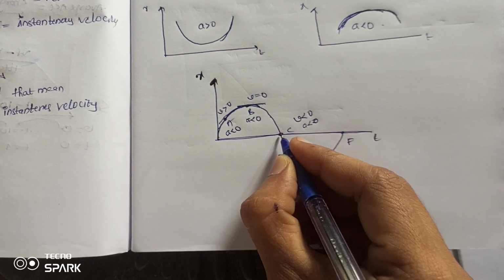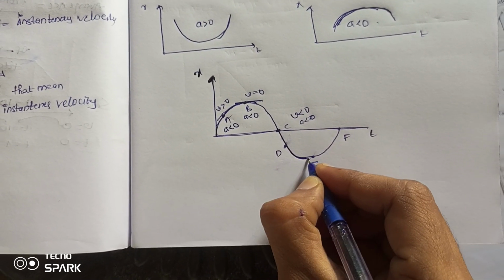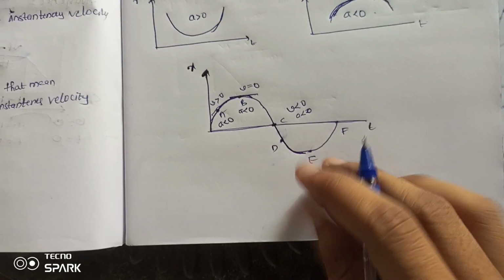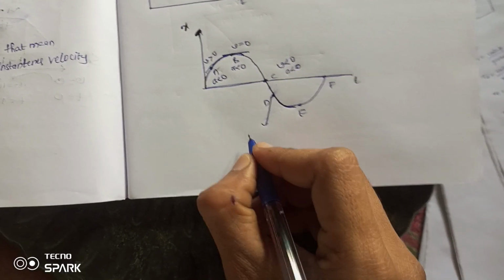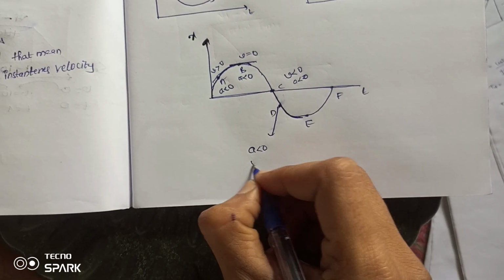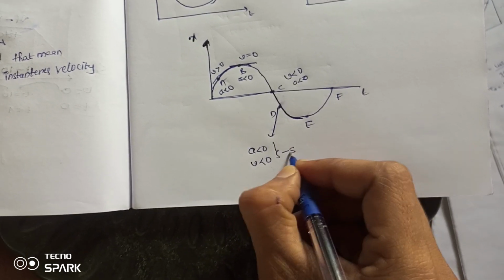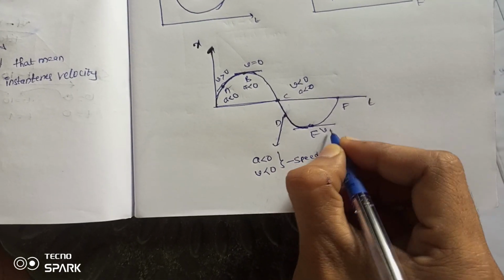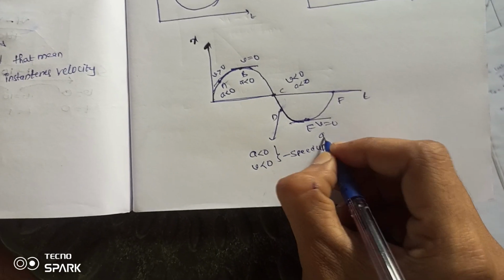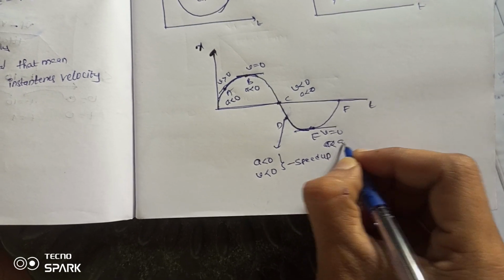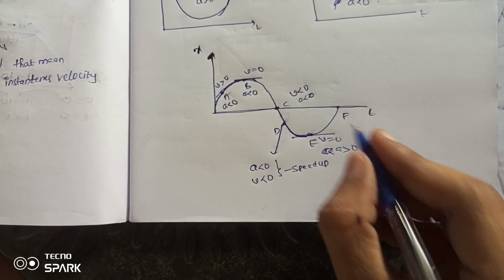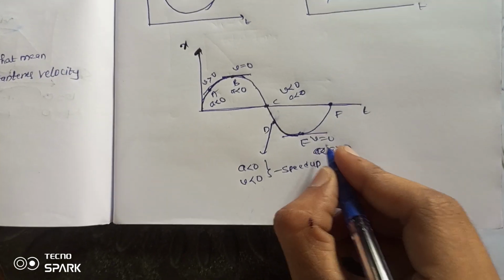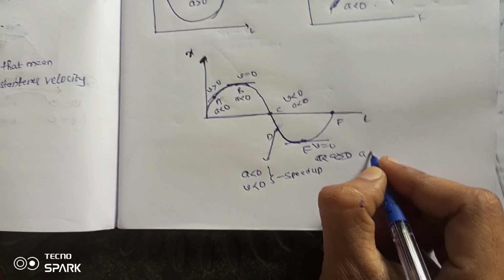At point D, the acceleration is negative and the velocity is also negative, so the speed is up. The velocity is 0 at point E, and the acceleration will be positive. And at this velocity 0, the acceleration will be negative.